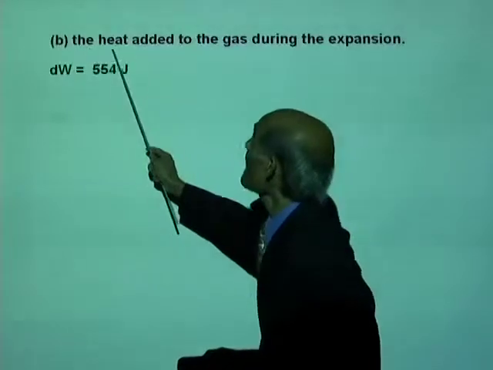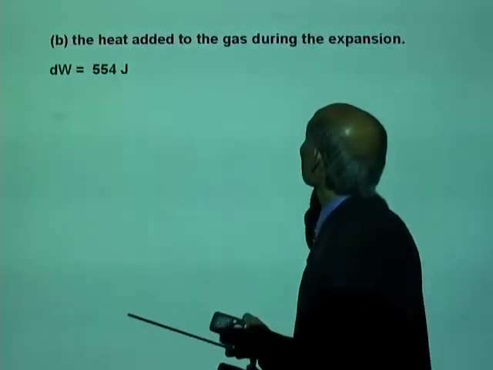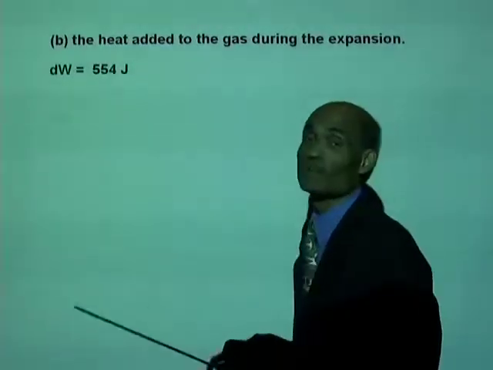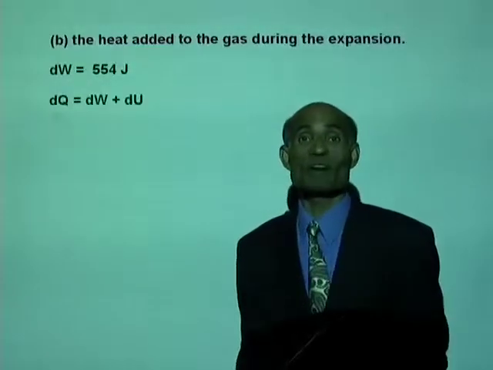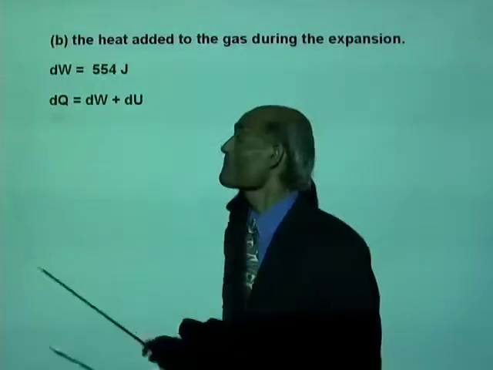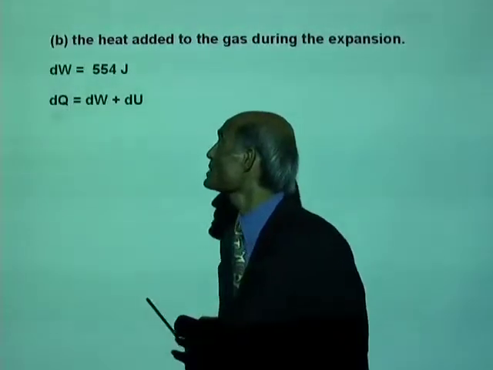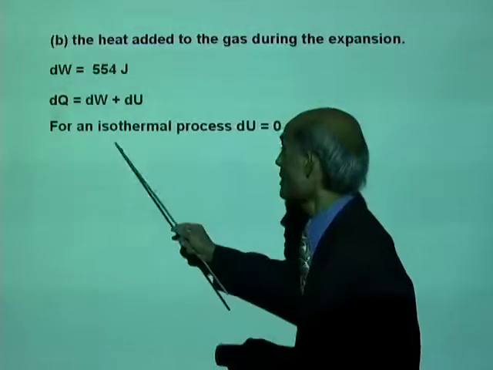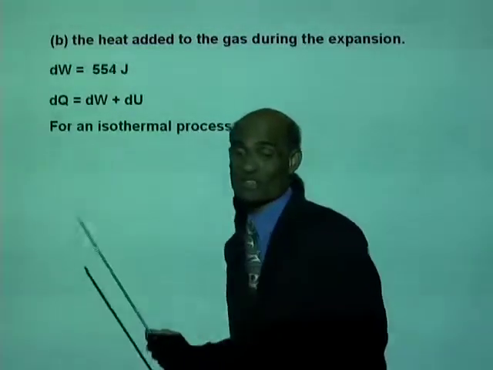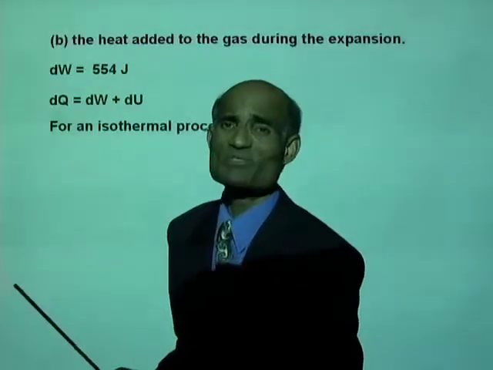And we now need to find the heat added to the gas during this expansion. And what we now know is that the work done is 554 joules. dQ equal to dW plus dU. And for an isothermal process, what is dU? I should have asked you that.